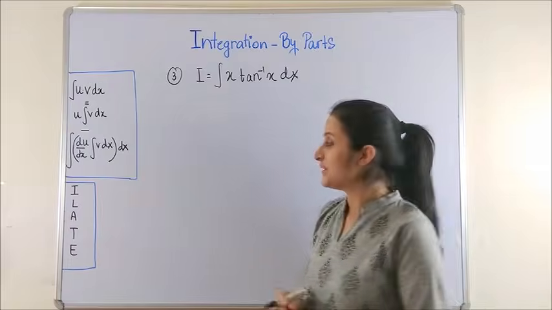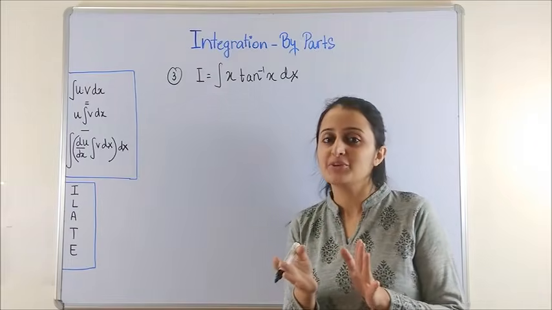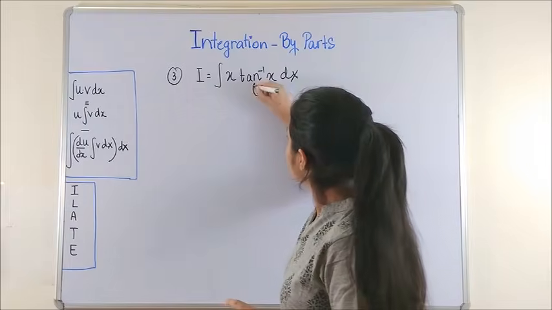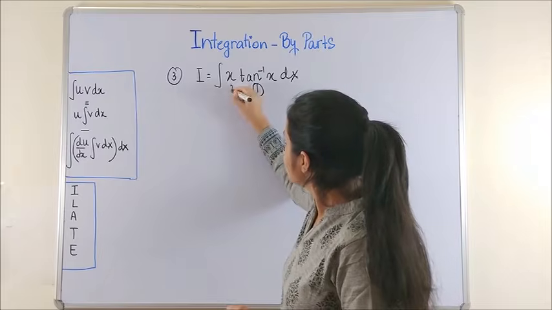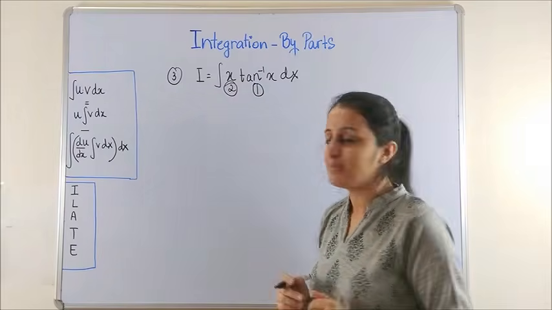Moving to the third question, now we have a combination of an algebraic and an inverse trigonometric function. So following the pattern, we label tan inverse x as the first and x as the second function. Now let's move on with the formula.